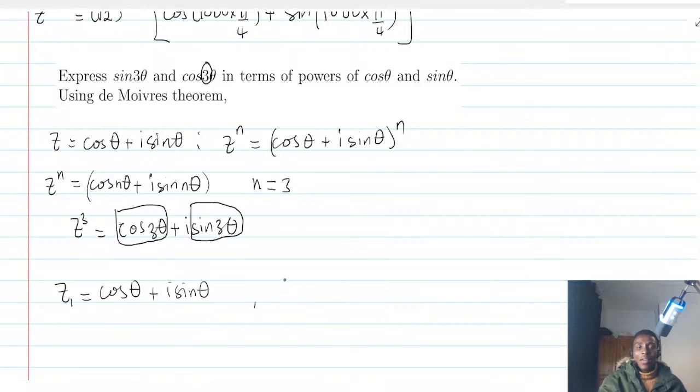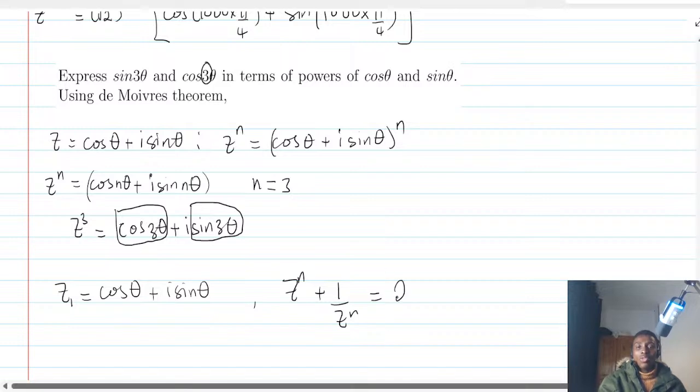It's actually a formula: z^n plus 1 over z^n. If you have a complex number and add its inverse, you are going to get 2 cos n theta.